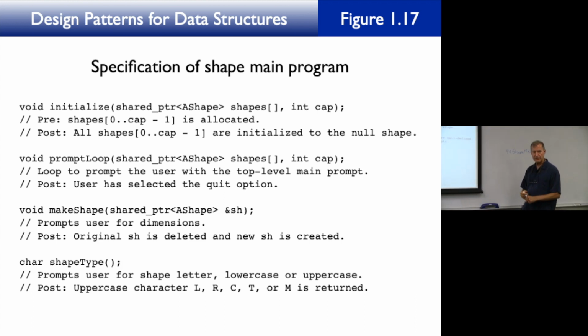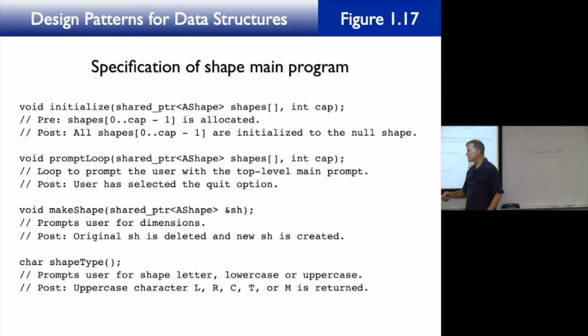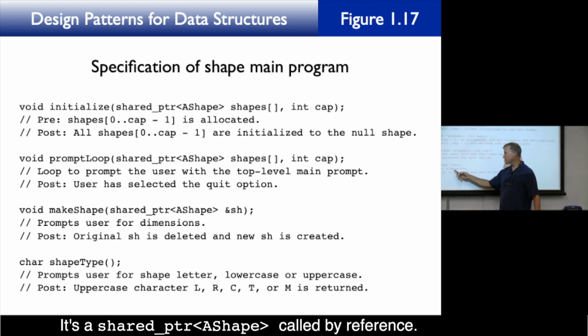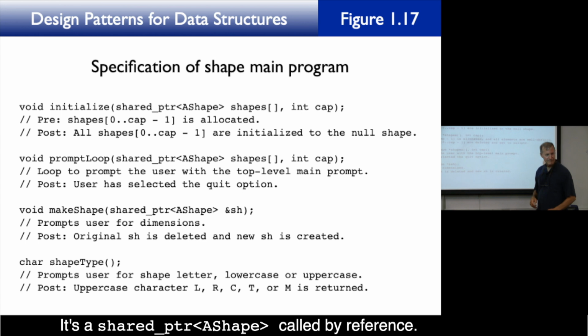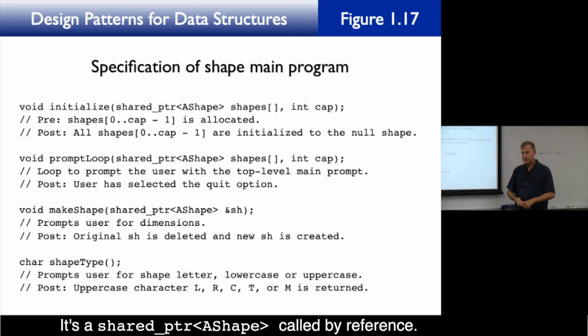With the ampersand. If it's without the ampersand, it's call by value. We're going to review this a little more next chapter. So basically this is a Shape star called by reference. A star is a pointer, right? A Shape* means it's a pointer, so that's a pointer called by reference. We'll talk more about this in a few minutes.